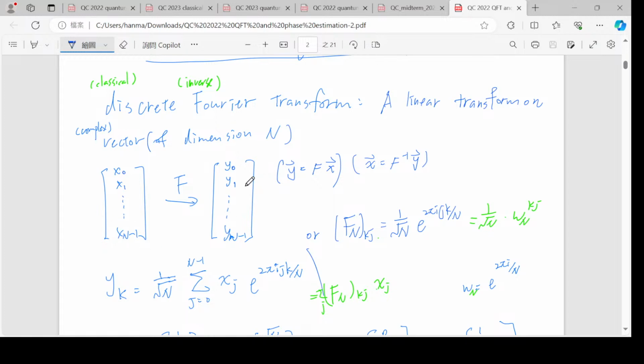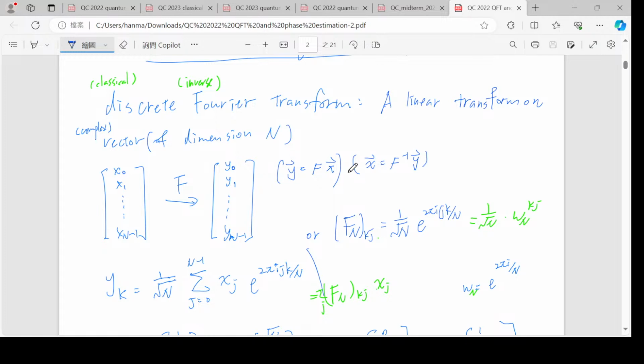So this x vector is Fourier transformed to this y vector, and then you can apply inverse Fourier transform back from y vector to x vector. So it's like a change of basis: you apply a unitary to go from the coordinates in one basis to coordinates in another basis, then you can inverse Fourier transform from one basis back to the other.